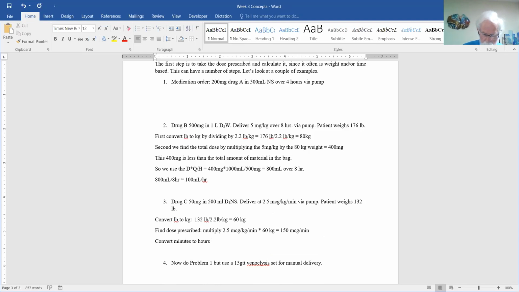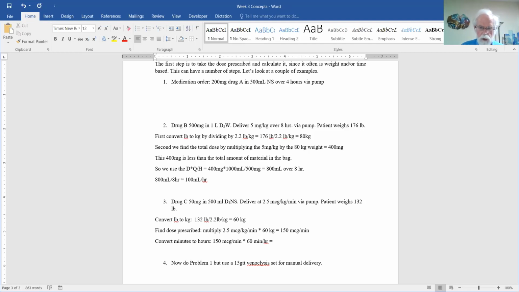Okay, and that's going to be, we're going to multiply 150 micrograms per minute by 60 minutes per hour. And that will equal 150 times 60.